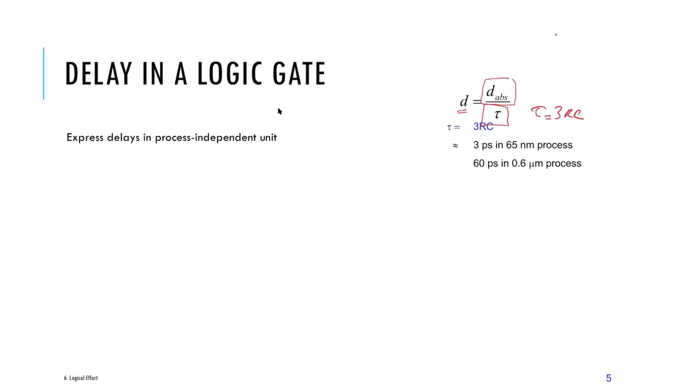I looked up, in our book there's a table in chapter 8 that gives a bunch of R and C values. These are the same R and C values we talked about in that simplified model of the gate. The R in the 180 nanometer TSMC process, which we're in, is 2.4 kilo ohms per micron of transistor width. This is for NMOS.